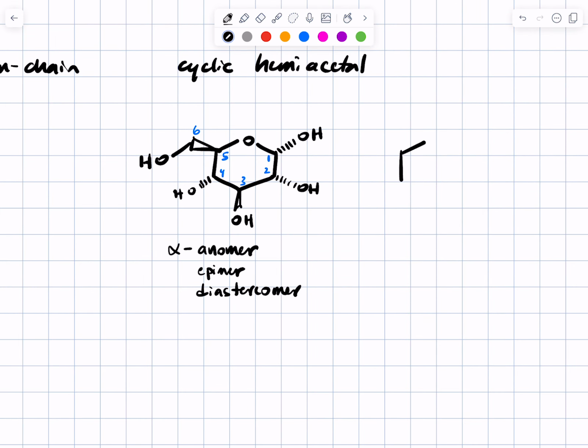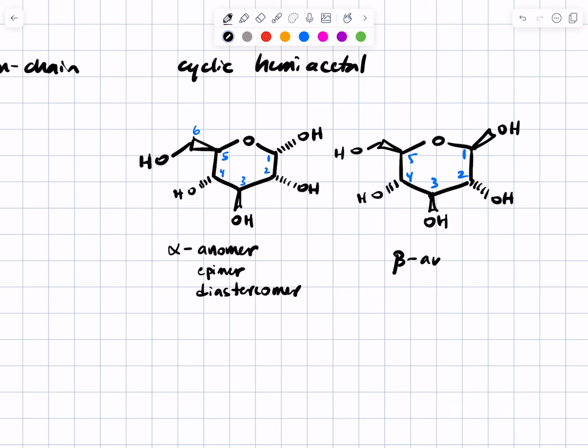And it differs from the other option of glucose in the configuration of that C1 stereocenter. So all the other stereocenters in glucose have the exact same configuration, but the difference between the alpha and the beta anomers is the configuration of the C1 stereocenter.